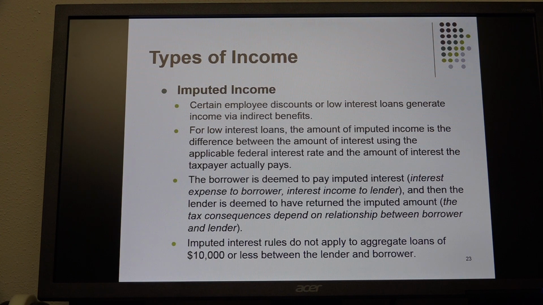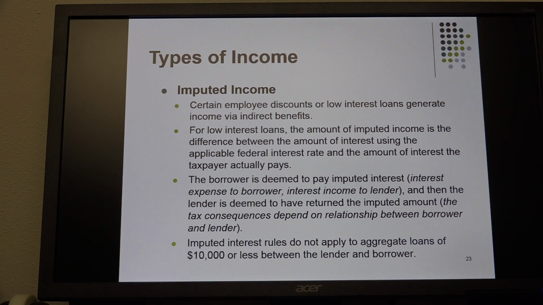And so usually what is going on here is transactions between related parties. So here we don't have two disinterested parties dealing at arm's length. We've got two interested parties not dealing at arm's length. Okay?